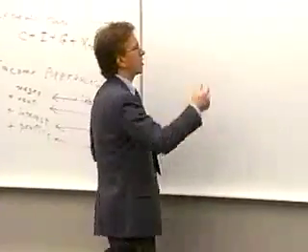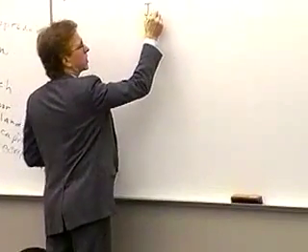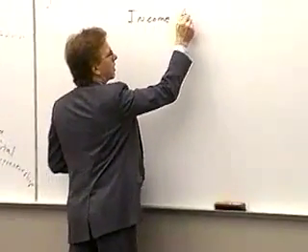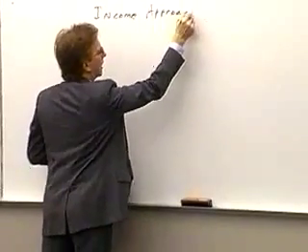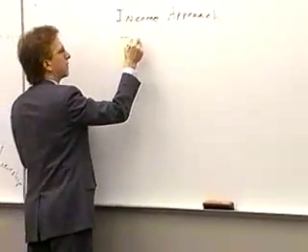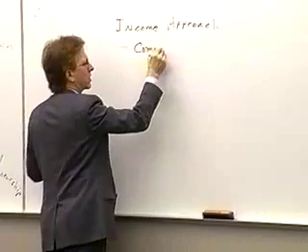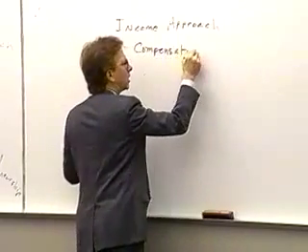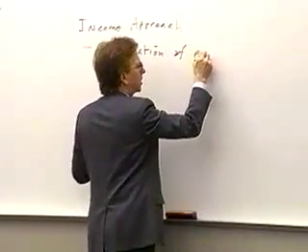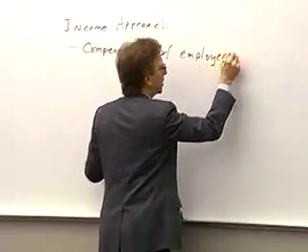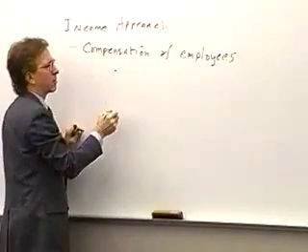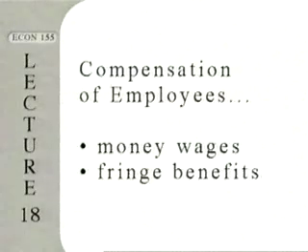I believe what I started last time was we talked about this income approach. I think I put up here compensation of employees. And that has 2 components, money wages and fringe benefits.